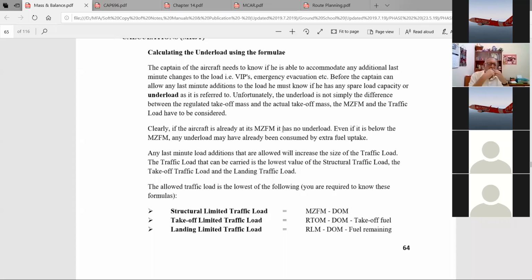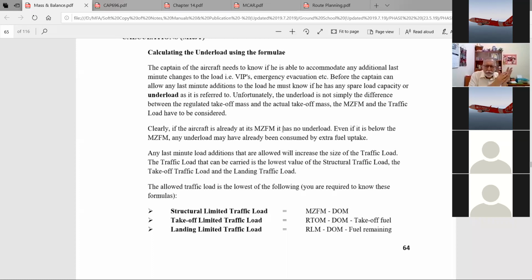So our underload is not there if I have already reached my maximum zero fuel mass. So when you are doing your calculation, DOM plus traffic load is equal to zero fuel mass. That zero fuel mass should not exceed the aircraft maximum zero fuel mass. And for MRJT, the maximum zero fuel mass is given in your CAP 696. You have to refer to that.